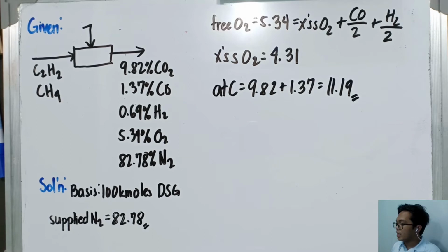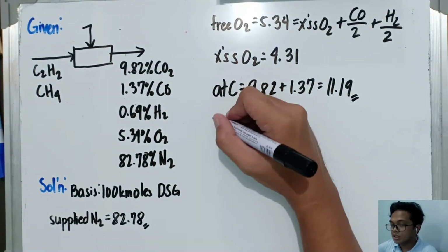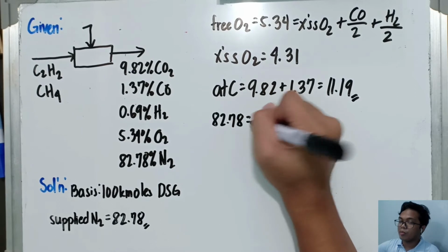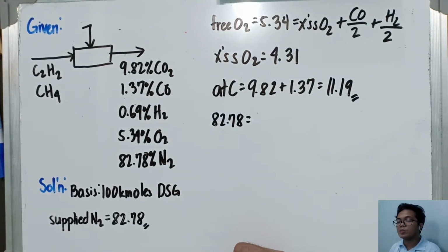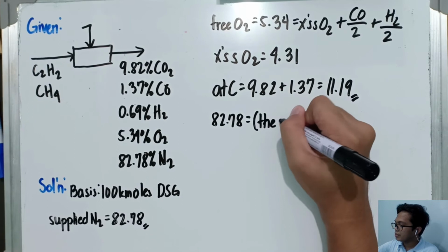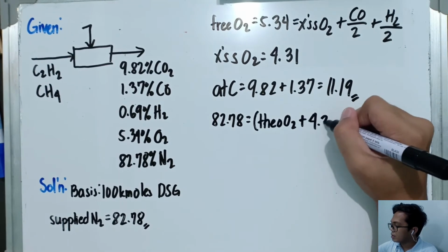Now that we have our excess O2, our at C, and our supplied N2, remember again that what we can do here is to get our theoretical O2 using our supplied N2 and our excess O2. So supplied N2 is 82.78. Please remember that this is equal to supplied O2 multiplied by their molar ratio of 79/21, and also supplied O2 is equal to our theoretical O2 plus our excess O2, which is 4.31.